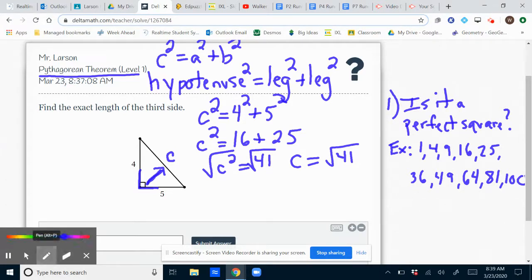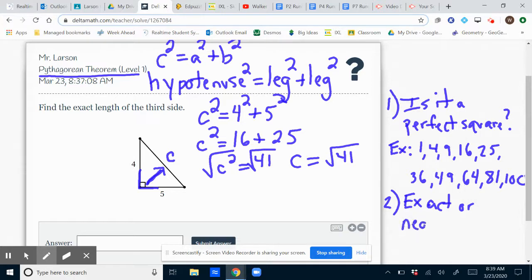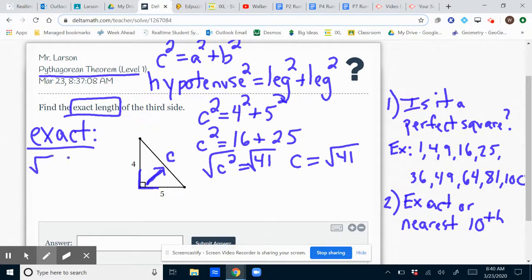So when it's not a perfect square, number 2, the question you're asking yourself is, does it ask for exact value or does it ask for nearest tenth? Now go back to the question. Find the exact length. When it says exact, that means it wants it in radical form.